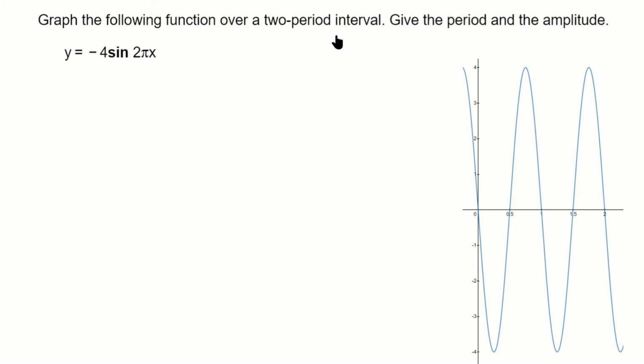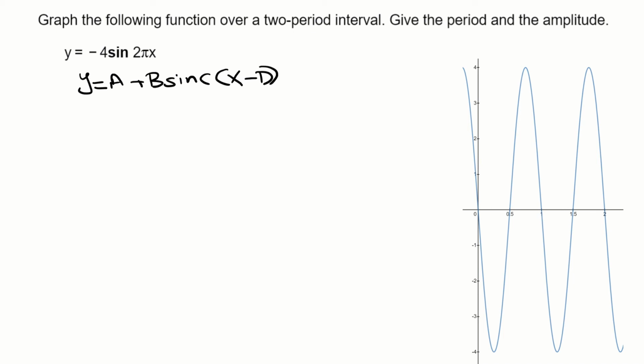Hello everyone, in this video we're going to graph this sinusoid, and because of the negative sign here we know it's going to be a reflected one. So the standard form for such a sinusoid we know is y equals A plus B sine of C times (x minus D).